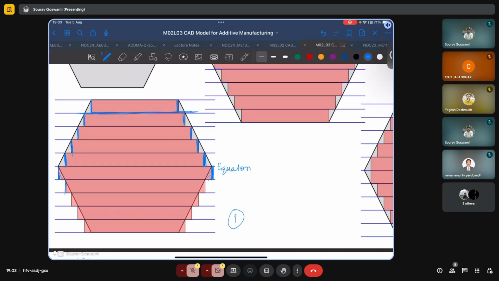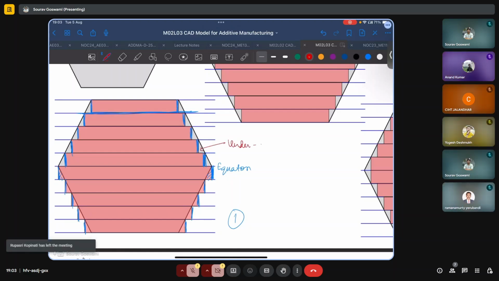Similar is the case as we continue to go below. So we have regions of under deposition, where there should have been material but there was not, and over deposition, where material was not supposed to be deposited but it was still deposited and would need to be removed later.